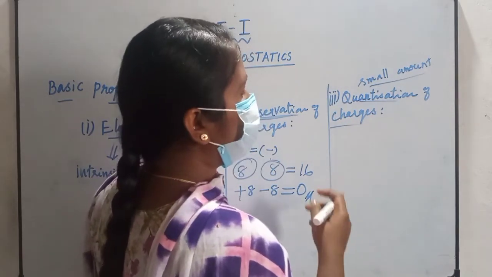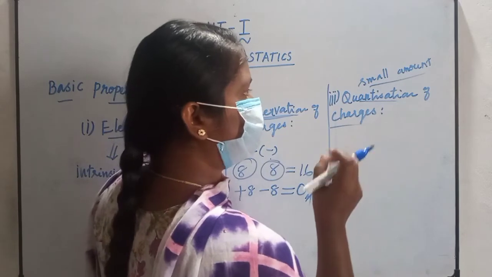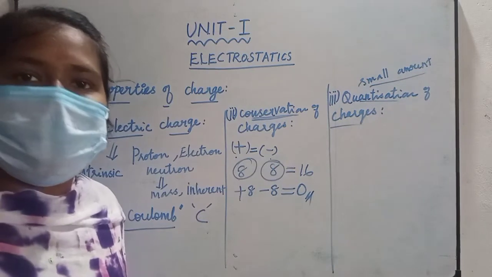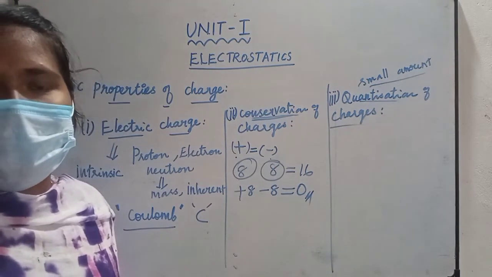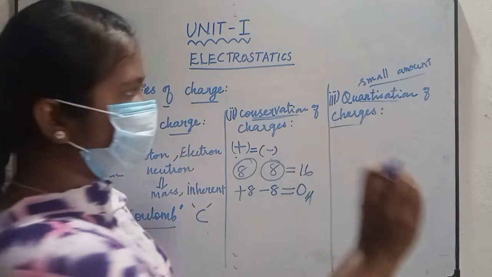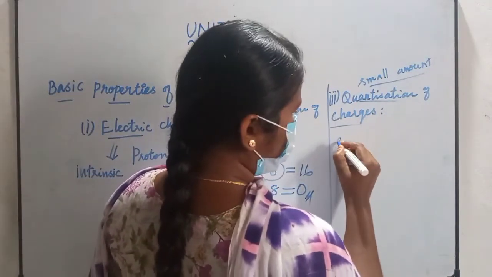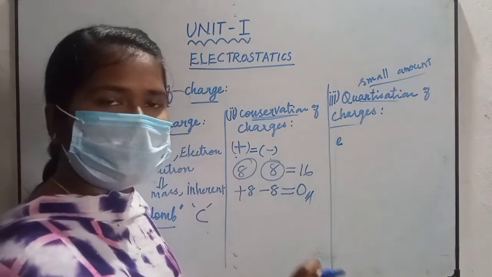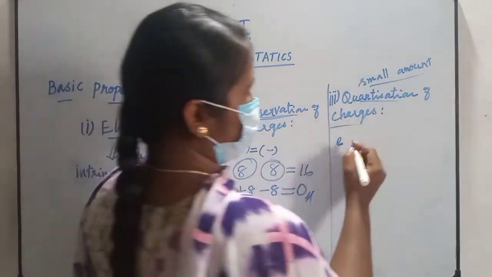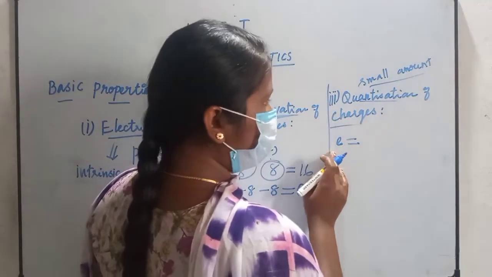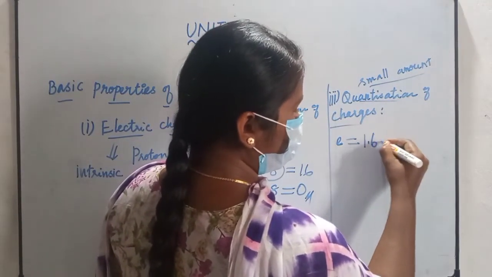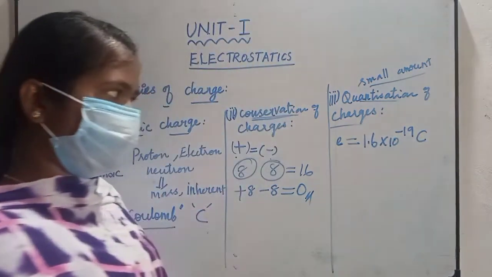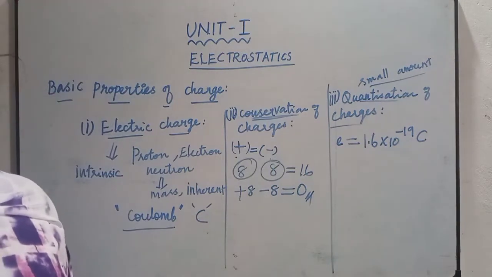Every charge has some fundamental unit, and the value was given by Robert Millikan. We use the letter e for the fundamental unit of charge, and the value of this is 1.6 into 10 to the power minus 19 coulomb.